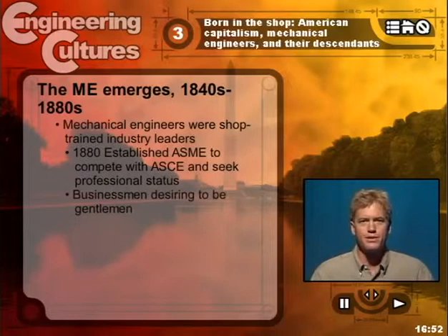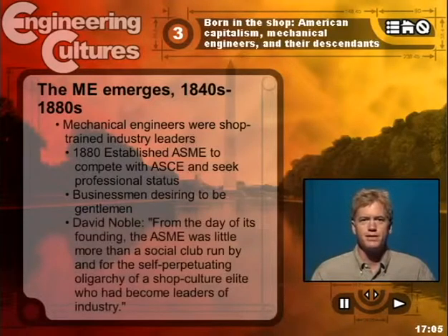They were engineering businessmen, asserting their status as gentlemen alongside the traditional gentleman civil engineer. As David Noble writes, quote, "From the day of its founding, the ASME was little more than a social club run by and for the self-perpetuating oligarchy of a shop culture elite who had become leaders of industry." So think leaders of industry asserting their status.